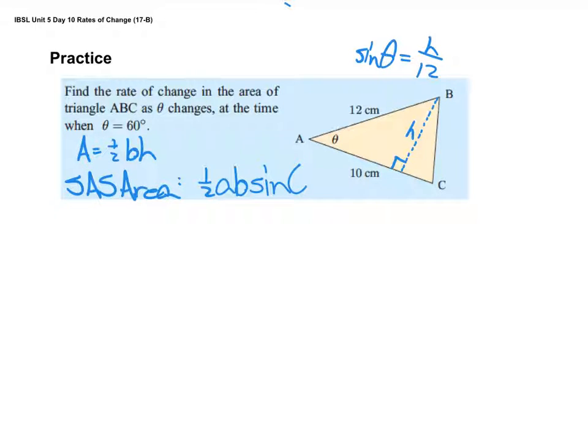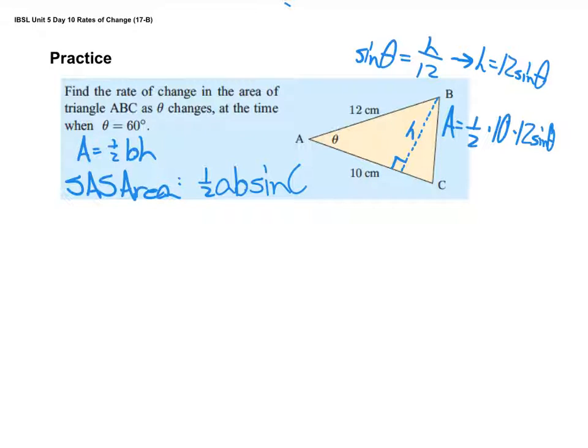So the height would equal 12 sine theta. When I do 1/2 times the 10 times the height, there's my area right there.